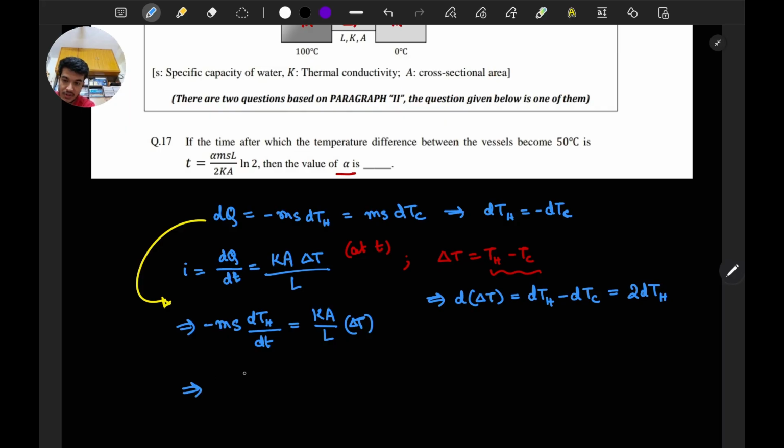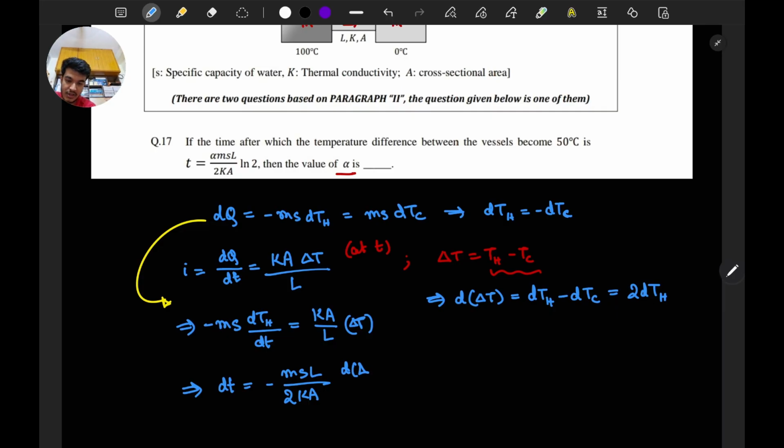If I arrange this equation with time here, it would be something like Ka, and I can replace dTh by d delta T by 2.